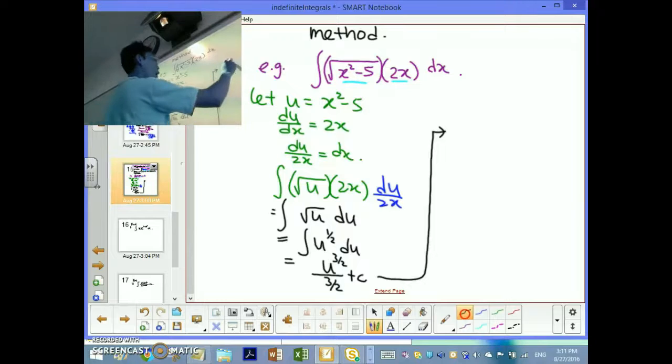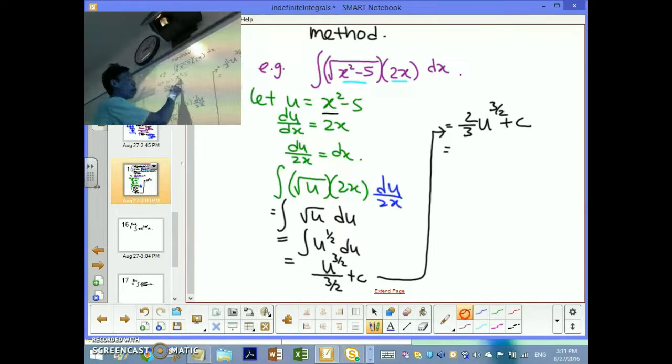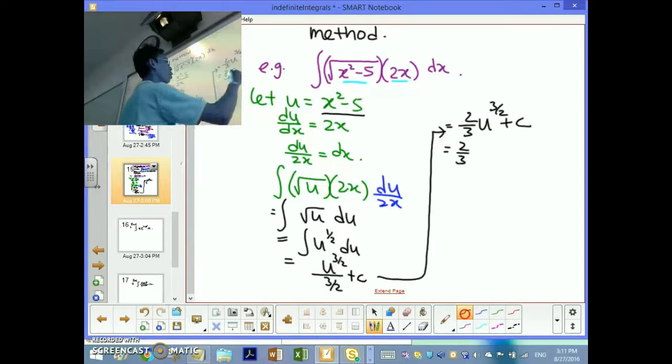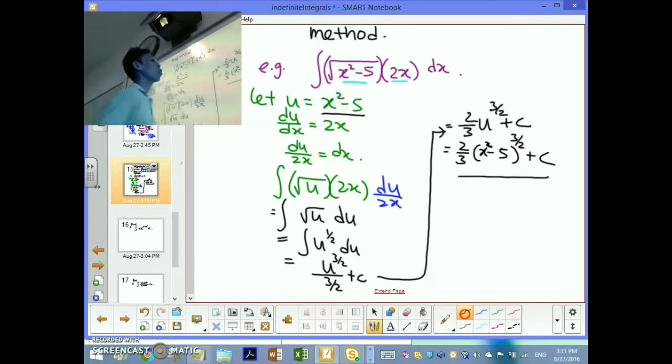That means you have 2/3 u to the power of 3/2 plus c. And now replace the u back by x squared minus 5. That is 2/3 times x squared minus 5 raised to the power of 3/2 plus c. So here is your answer.